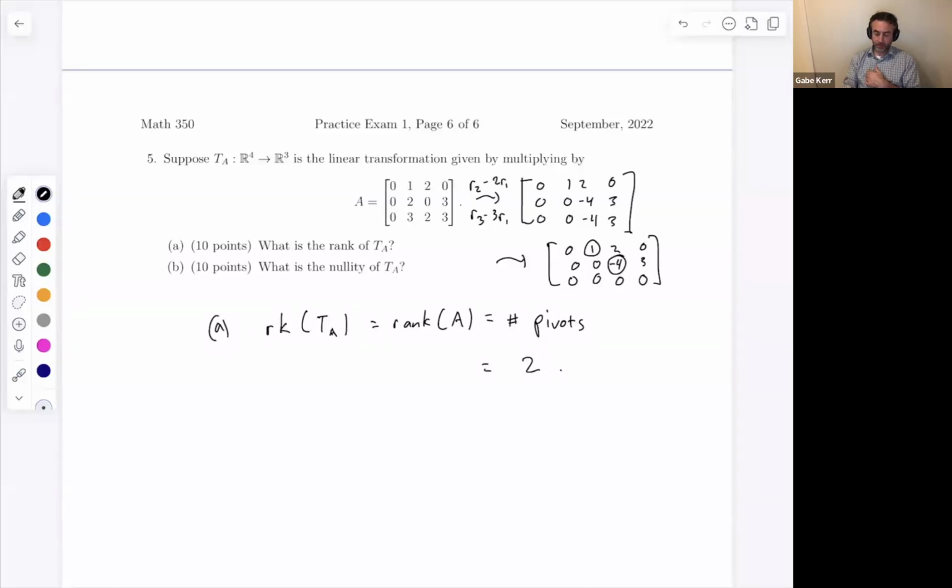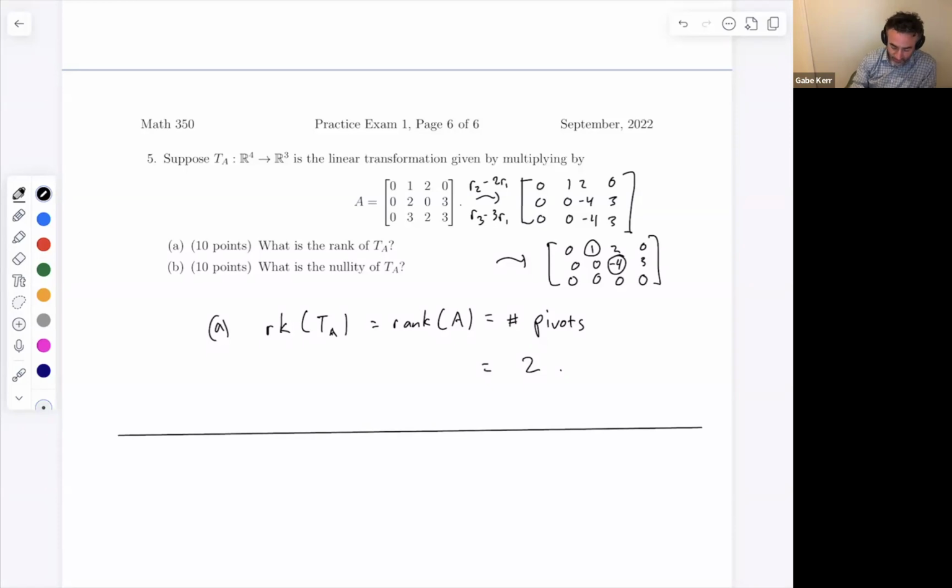Now, there is a theorem that we'll see tomorrow, which is the rank nullity theorem. It's a really simple theorem, too simple for words.